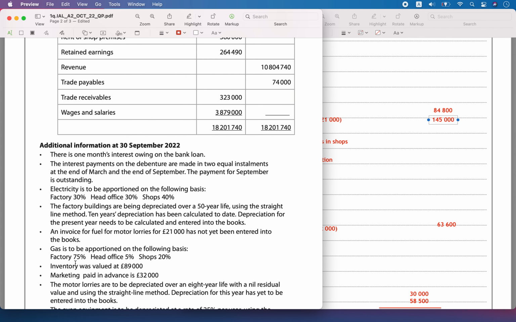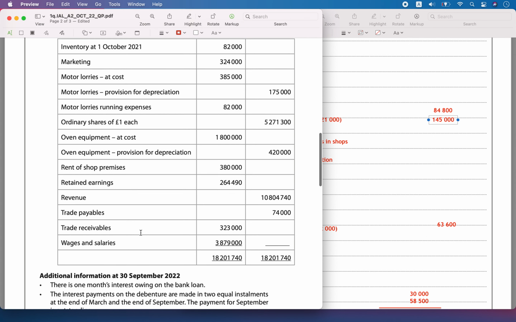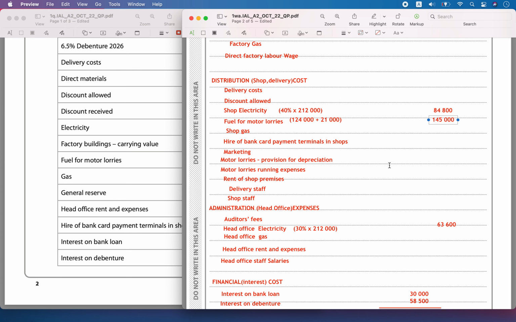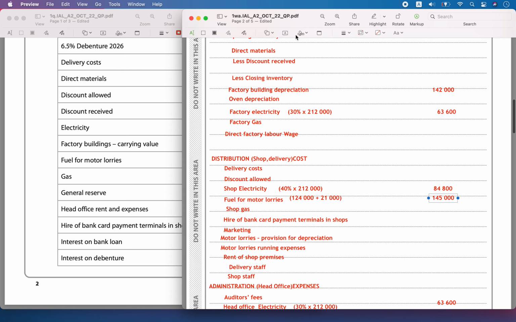Then gas has to be apportioned. Factory is at 75%. Okay, 75% of the total cost is 820,000. So that much you have to include as an expense in the factory. So 75% of 820,000.